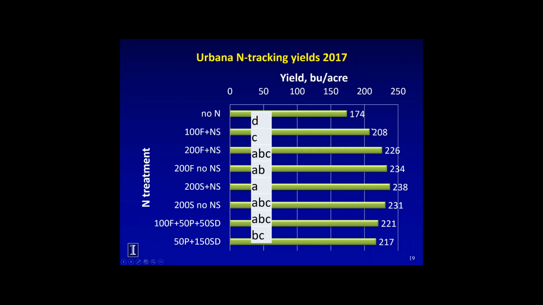We had a 100-pound rate and a 0. You can see here when we had 200 pounds put on, the rates were not really very different from one another. Interestingly enough, the 50 at planting and 150 at side dress tends to have a high amount of nitrogen there late in June, early July, but tends in some cases not to yield as well.